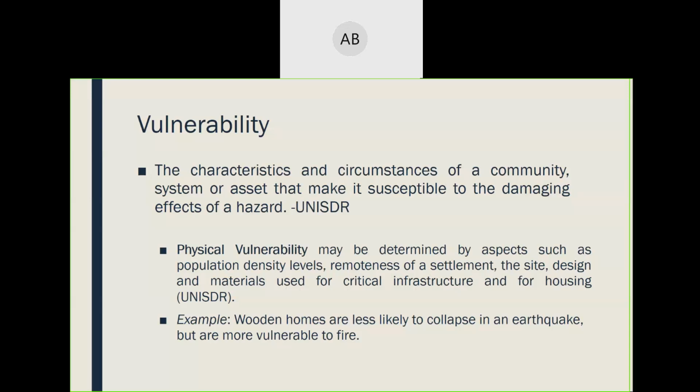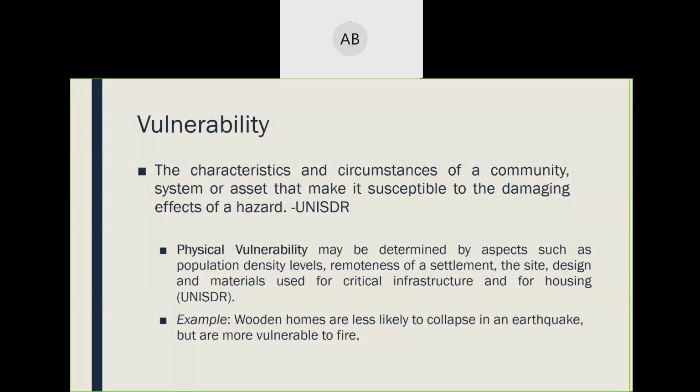In a lighter sense, if you look into different kinds of advertisements shown on television all the time, they say that if you build a house with this kind of cement, your house is stronger. That means your house is less vulnerable. That is supposed to depend on the kind of materials used in the construction.